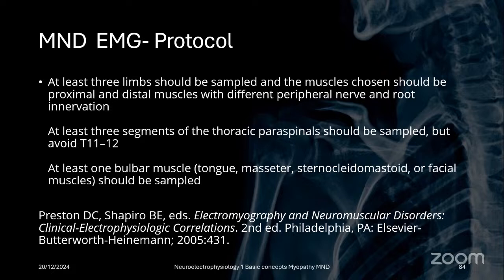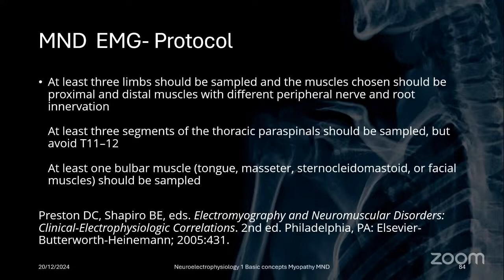First dorsal interosseous, what else? Adductor pollicis, flexor carpi radialis, biceps, deltoid, and paraspinals. All these muscles chosen are proximal and distal muscles with different peripheral nerve and root innervation. If you go and check back, all these have these same characteristics.